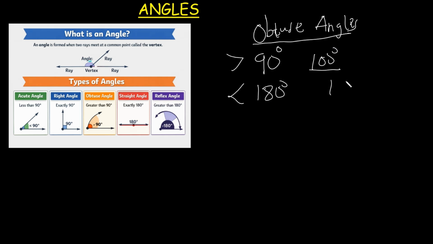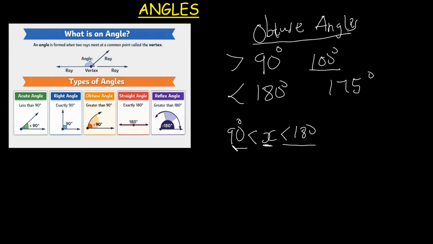You can have 175 and a lot of examples. So now let me write S here, less than 180 degrees, and the S over here will be the obtuse angle because it's less than 180 degrees, but greater than 90 degrees. So any angle which is less than 180 degrees but greater than 90 degrees is called an obtuse angle.